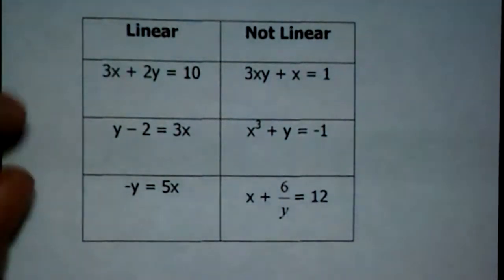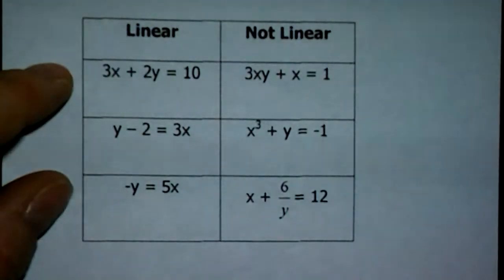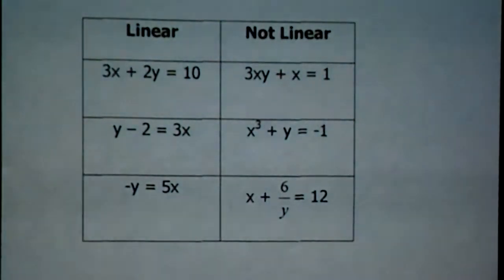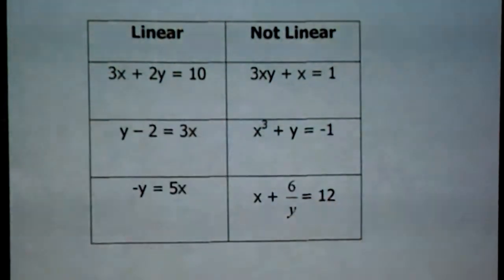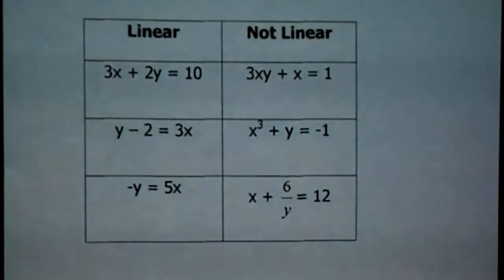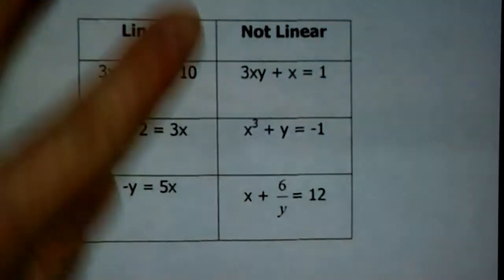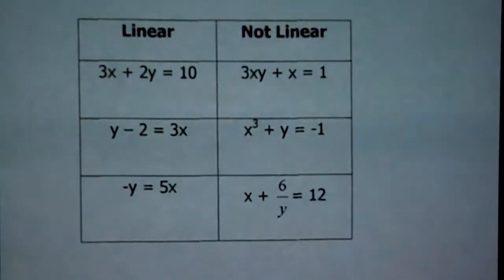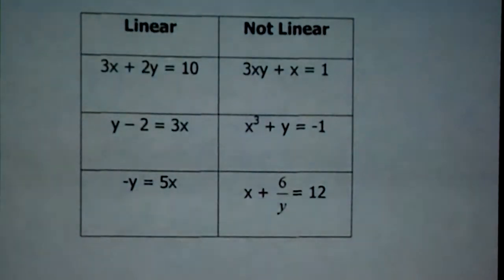So that means they're linear, step 1. X and y also, I don't see anywhere where x and y are directly next to each other. Here they're both on the same side, but they're not being multiplied together. They're not right next to one another. And also I don't see x or y underneath any radical signs, and I don't see x or y in any denominators. All of those are linear, even though they're not in the form of y equals mx plus b.